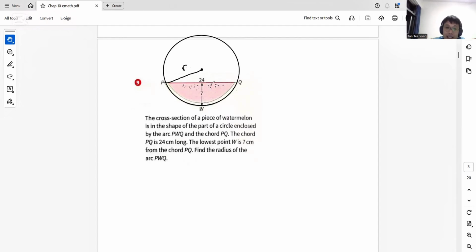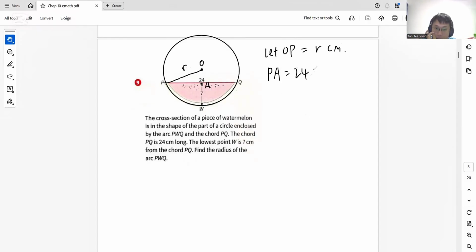And then let me label this as center O, and this part here is A. Okay, so that means let OP equals to R cm. That means PA is actually equals to 24 divided by 2 lah, 12 cm. Okay, so perpendicular bisector of chord.